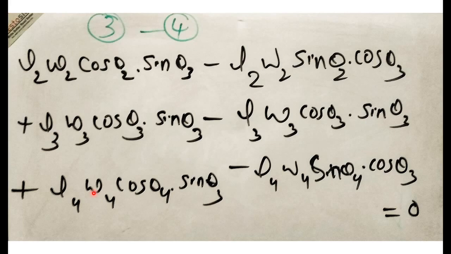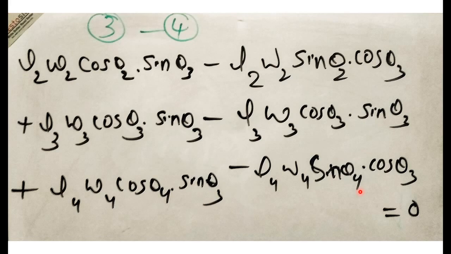Similarly, when it comes to the third line, these two terms, we have L4 omega 4 common. In the bracket, we have sine theta 3 into cos theta 4 minus sine theta 4 into cos theta 3. That is sine A cos B minus sine B cos A, again sine A minus B. Here A is theta 3, B is theta 4. So sine of theta 3 minus theta 4.